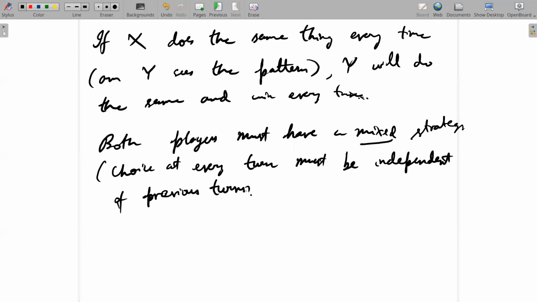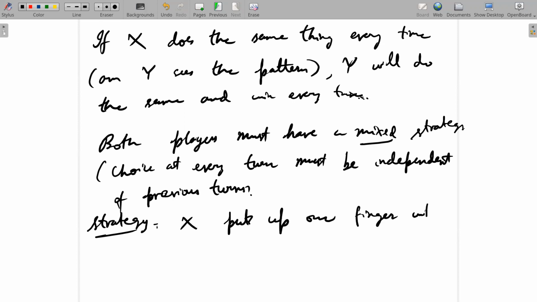Okay, so here the mixed strategy would be the following. X puts up 1 finger with probability X1, and they have, let's say, a random number generator based on these probabilities.